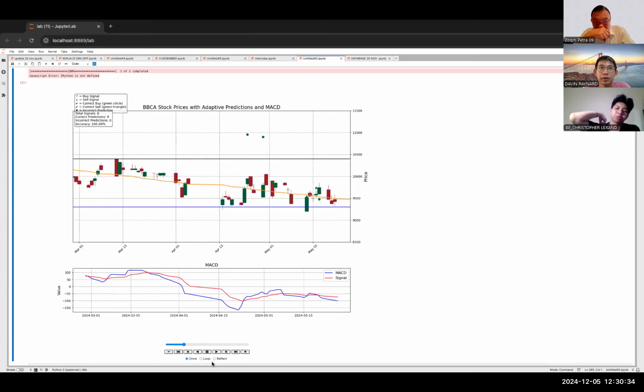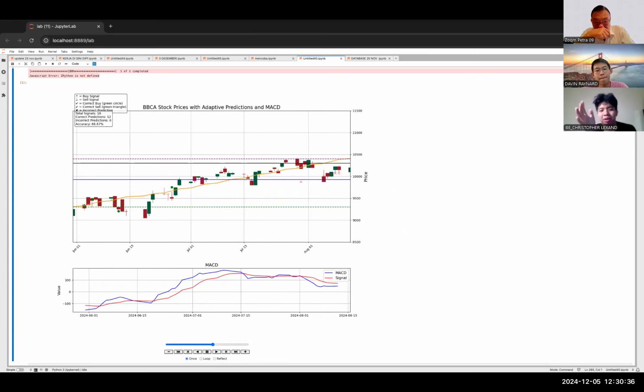Actually, at first we tried to implement your idea, where the left side is the sample and the right side is the test price. But we tried for 2 weeks and we cannot figure it out. So I think we try to make a new idea, and this is our last project. It's okay, this is very good.